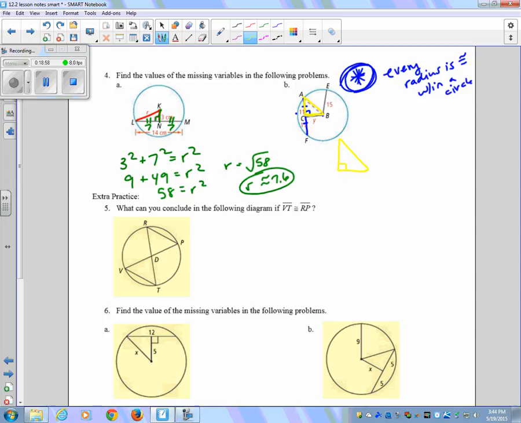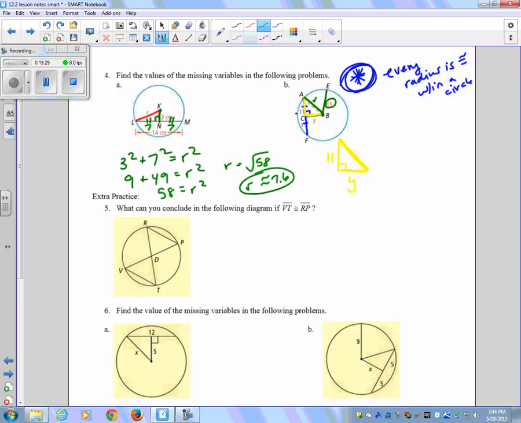The right angle's here. This is y. This is 11. This is the hypotenuse. Well, we already have a missing side. We have to solve for y. So we can't have two missing sides. We have to know the length of that hypotenuse. Well, look at it. It goes from the center to the edge of the circle. So it has to be a radius. Do we know what the radius of this circle is? Yep.